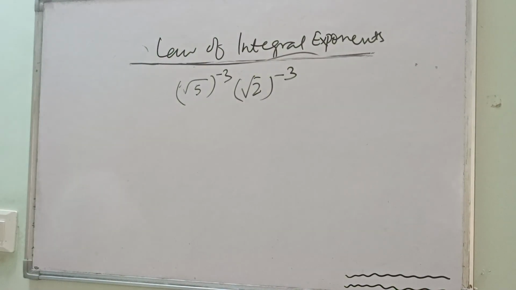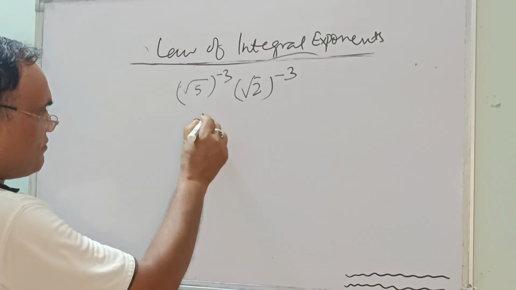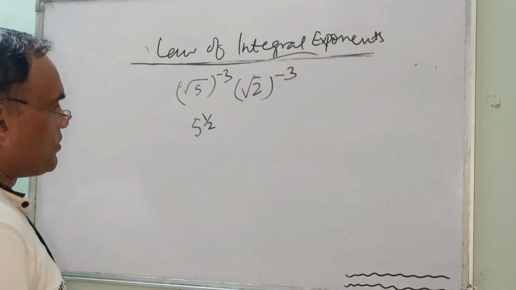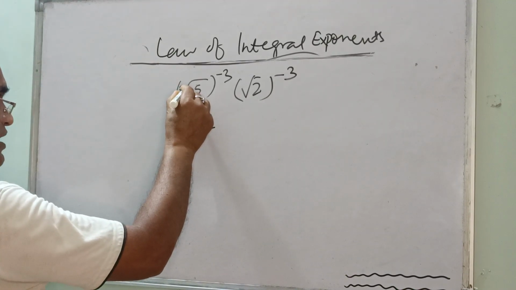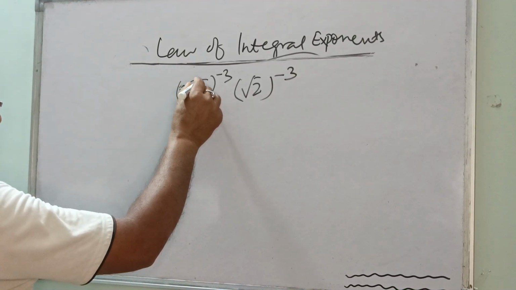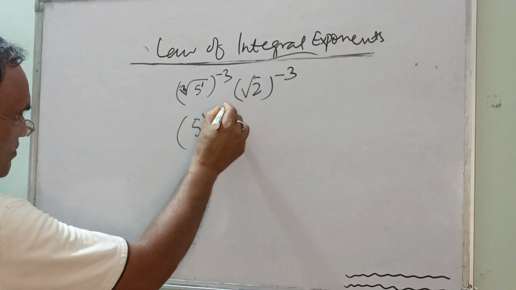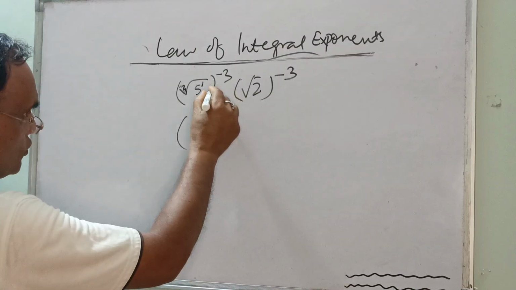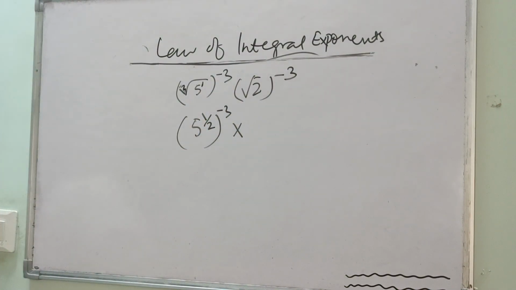Certainly you will tell me, sir, root 5, can we write it as 5 to the power half? Because we have discussed this: 2 is present here and 1 is here, so 1 upon 2. Again the power is minus 3. If there is no sign between the brackets, we know there is a multiplication, so we'll write the multiplication sign.